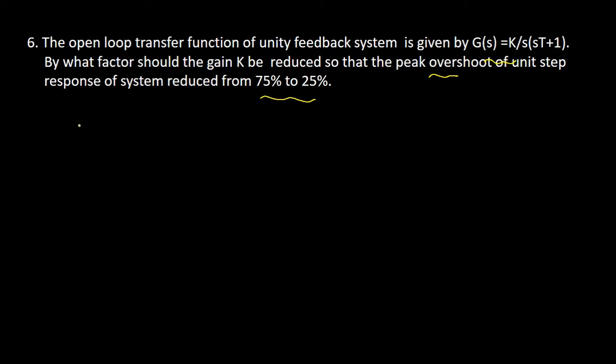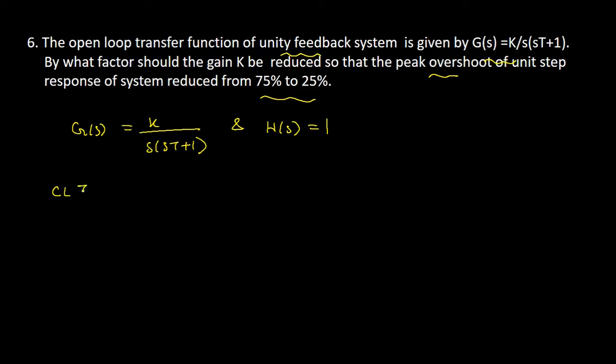So in this question, the forward path transfer function G(s) = K divided by s(sT + 1) is given. And since it is a unity feedback system, the feedback path transfer function H(s) will be equal to 1.